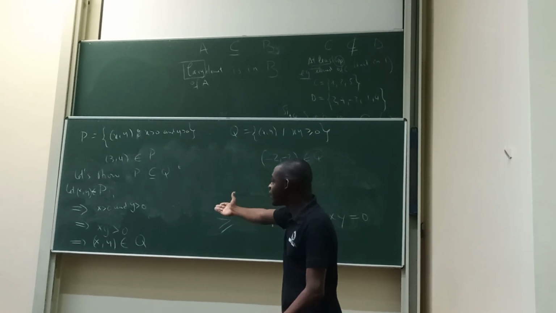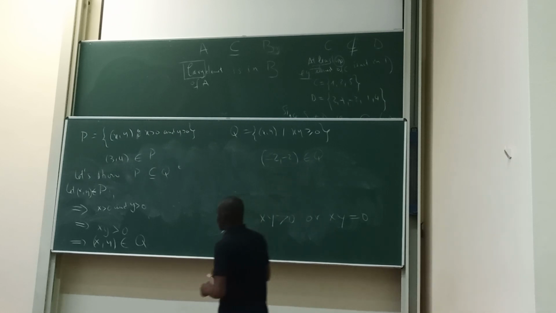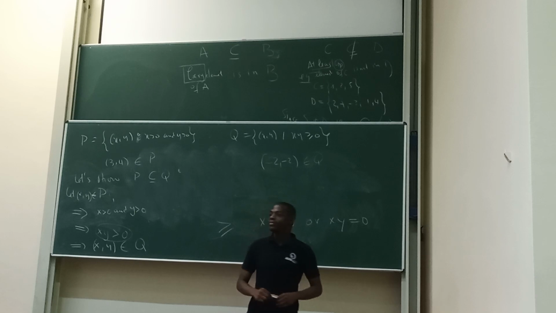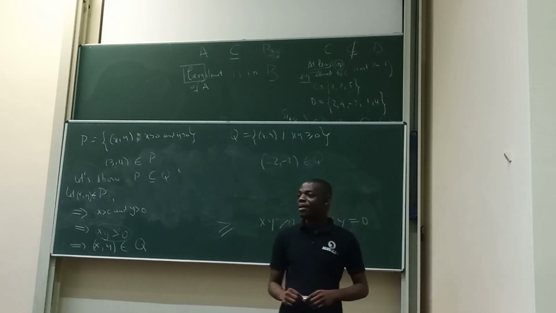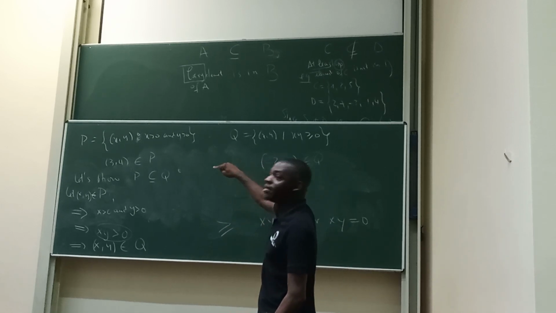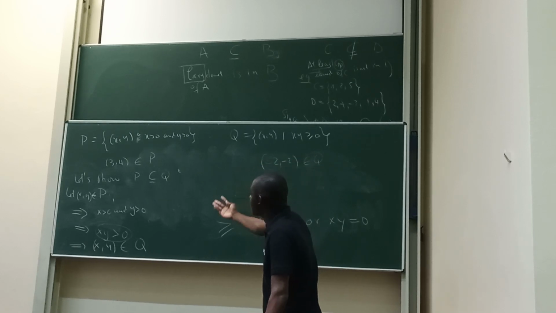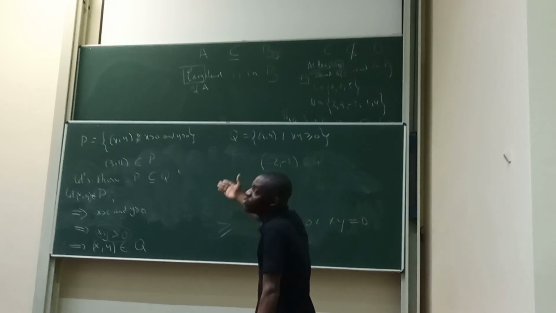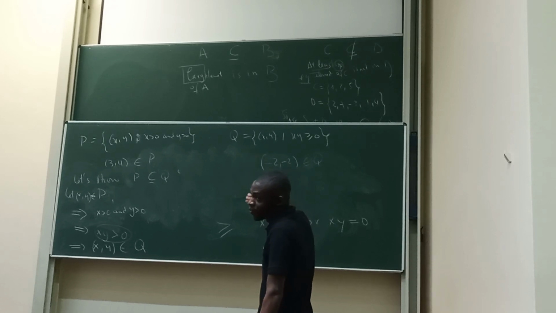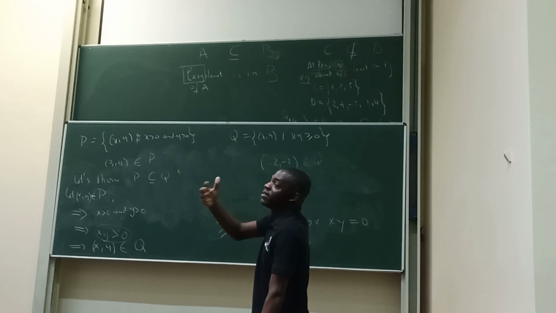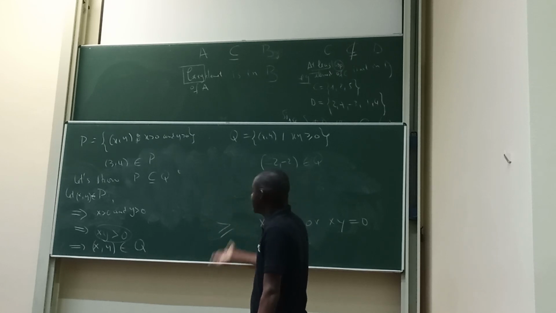But we just proved that this xy here is greater than 0, because I assumed an element in P. For an element in P, the condition is that x has to be greater than 0 and y has to be greater than 0. So when I do the product of two positive numbers, I still get a positive number.